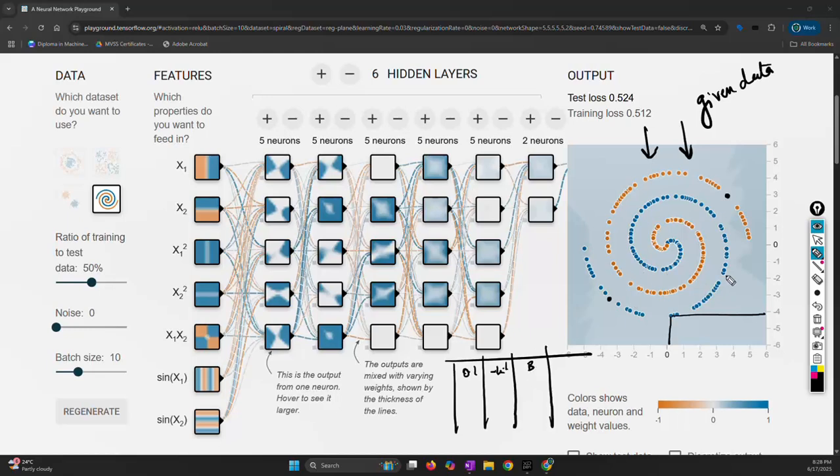Anything else? Let's take this. This is 5 and this is 0.2. So 5 and 0.2 is orange. Like that, for every dot that you're seeing here, you can generate blue, orange, orange, orange, blue, orange. This is the whole data set.